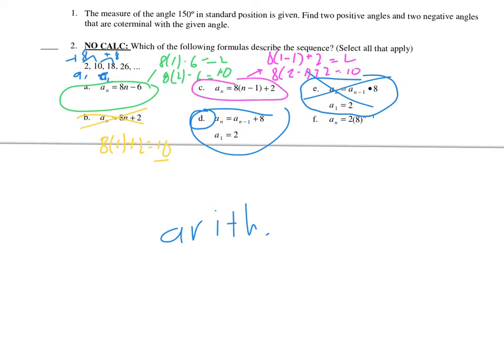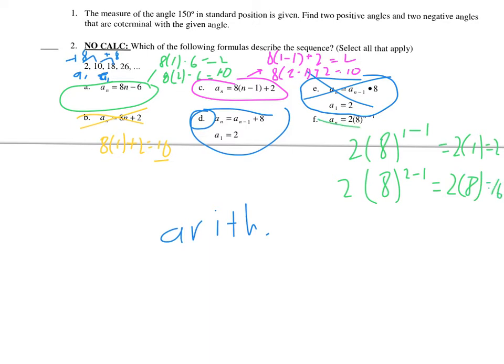Now option F. If I plug in a 1, that would come out to 2 times 1, and that one does check out. But when I plug in a 2, that's going to come out to 2 times 8, which is 16. So that's not correct, and so I would just say that this is A, C, D, and E.